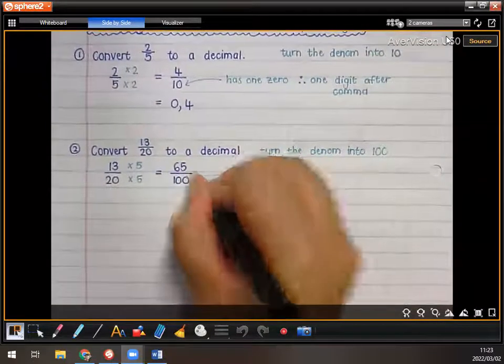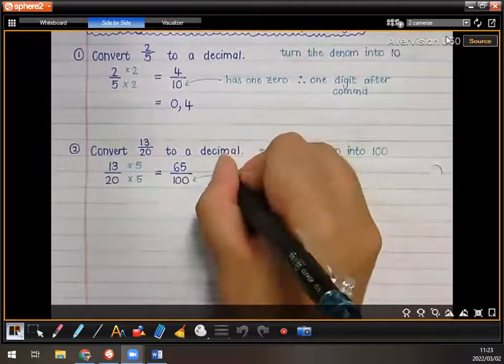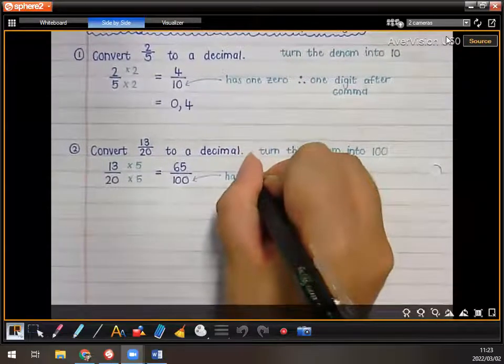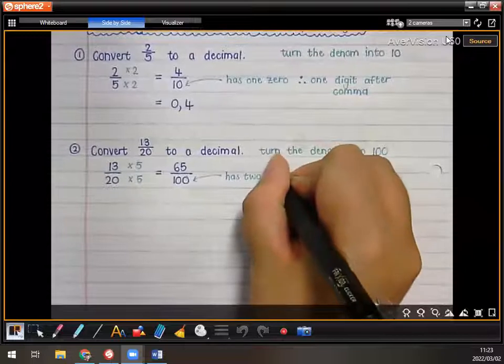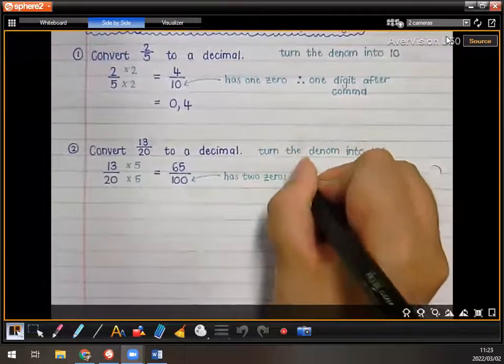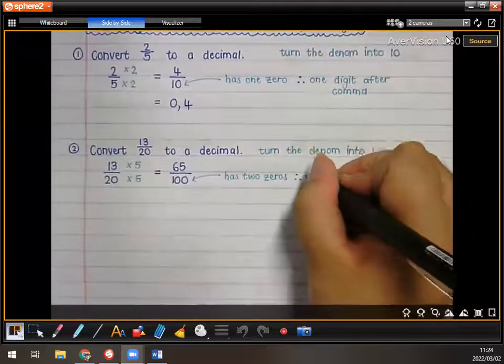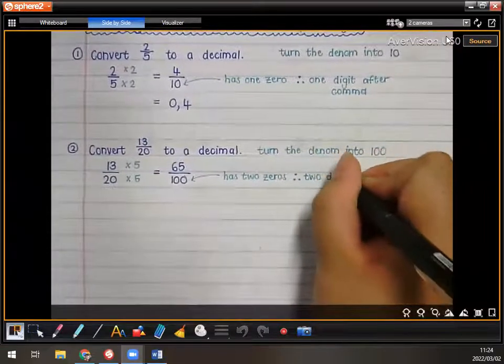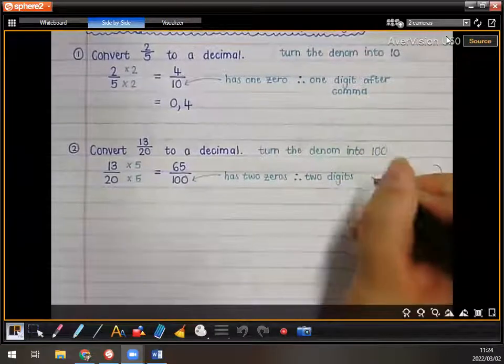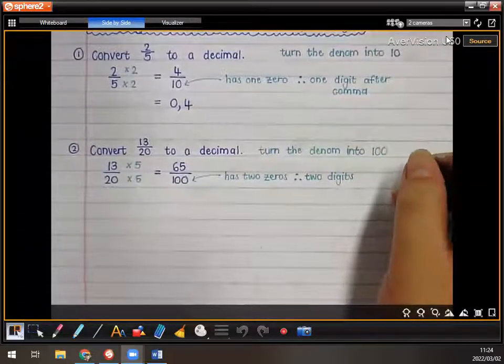Now, guys, this denominator now has 2 zeros. Therefore, there are going to be 2 digits after the comma. However many zeros you have in your denominator, that is how many digits you have to have after your 0, comma.